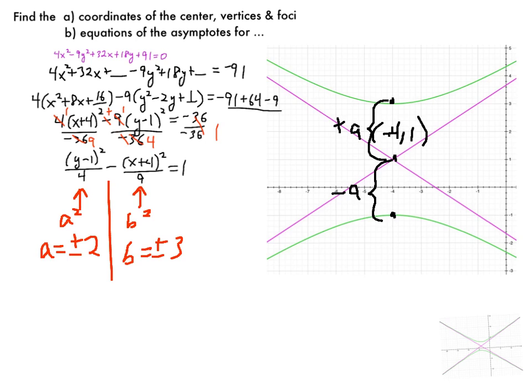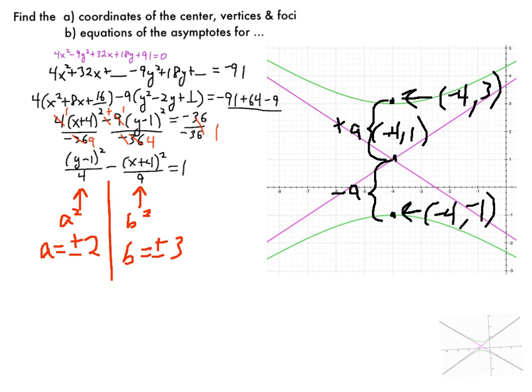Well, we're going up and down the y-axis, so we're adding and subtracting it to the y value, 1. So this vertex is going to be negative 4, and I'm adding 2 to the 1, which gives me 3. And over here, this is going to be negative 4, and 1 minus 2 is negative 1. Okay, so there are those two vertices.